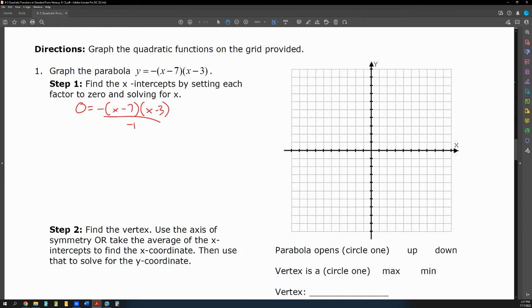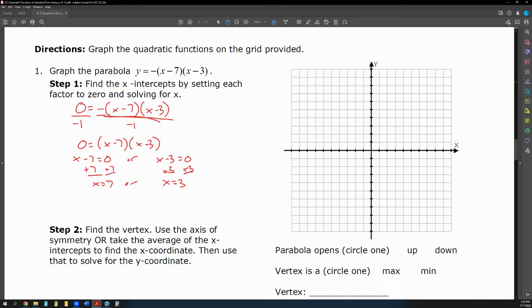Get rid of that negative out in front by dividing by negative 1. And we get 0 is equal to x minus 7 times the quantity x minus 3. Using the zero product property, we can set each factor equal to 0. So we get solutions x is equal to 7 or x is equal to 3.